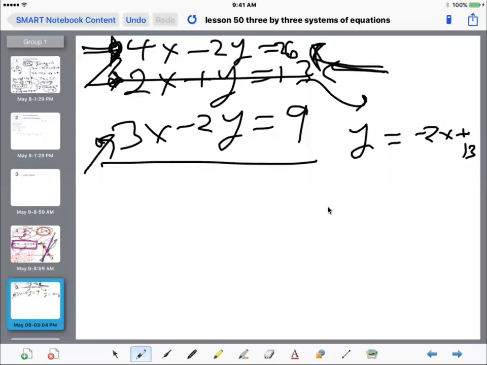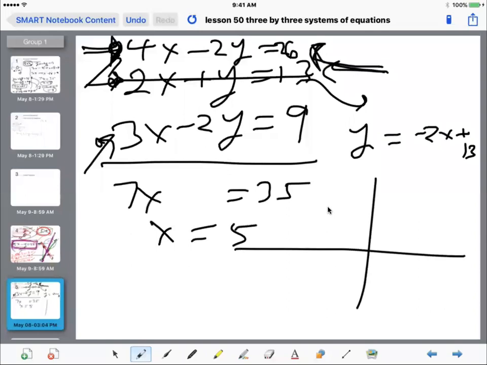But now when I add them together, I get 7x equals 35, which is the vertical line, x equals 5. So now I have the two lines and the third line like that.